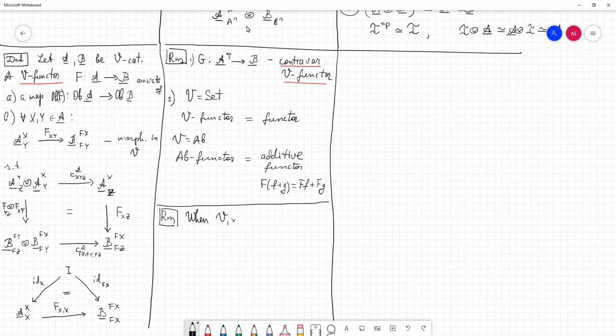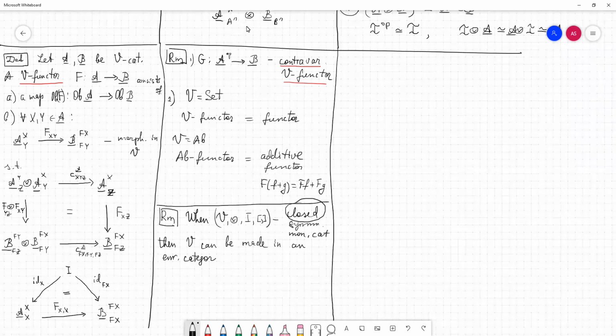When (V, tensor, I) is a closed symmetric monoidal category, I want to emphasize, so I'm writing it in a complete sentence, a closed category. Then V can be made into an enriched category over itself.